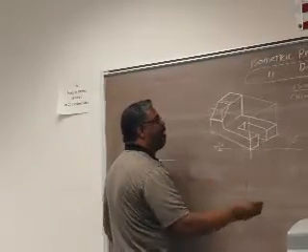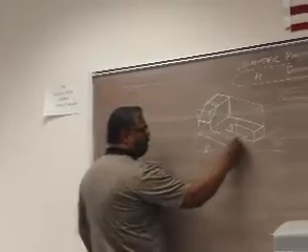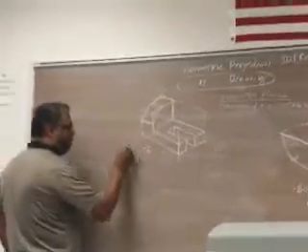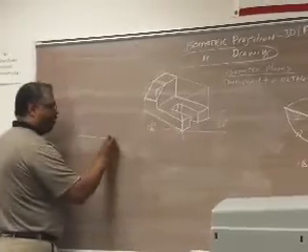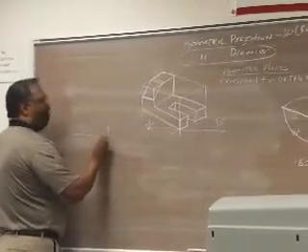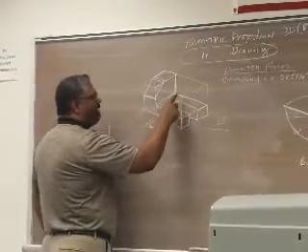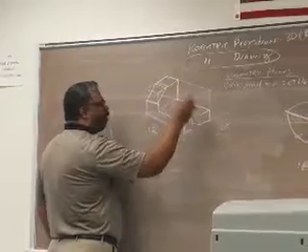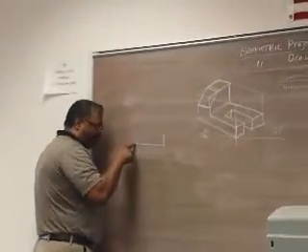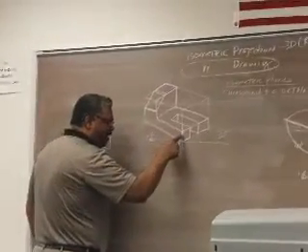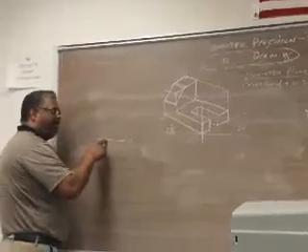They correspond to your horizontal and vertical lines. So this object, when we draw this, this would be a horizontal line. When we draw this here, this would be a vertical line. So all my horizontal and vertical lines in my isometric are true length. Whatever the length is in the orthographic view, they'll be the same length here.